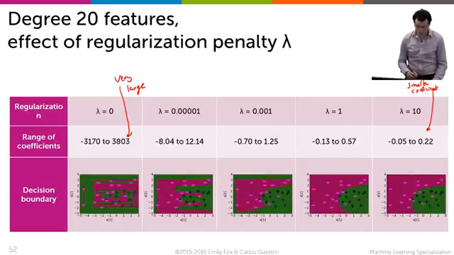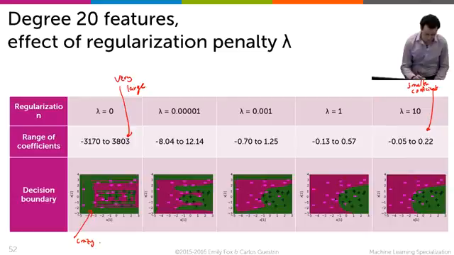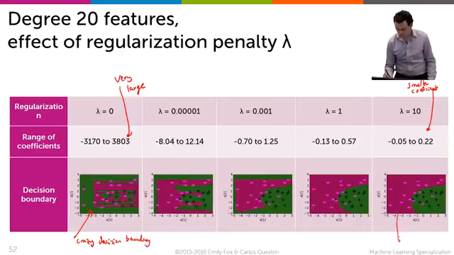Okay, and so for lambda equals 0, we had that crazy decision boundary, and for large lambdas, we have a nicer, smoother boundary.